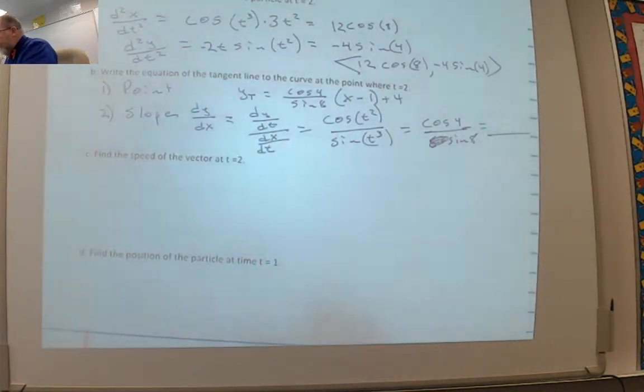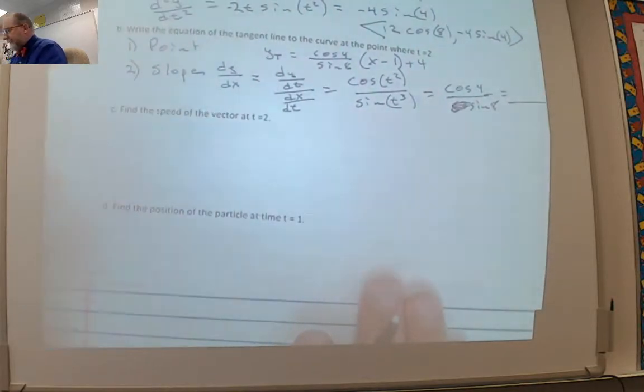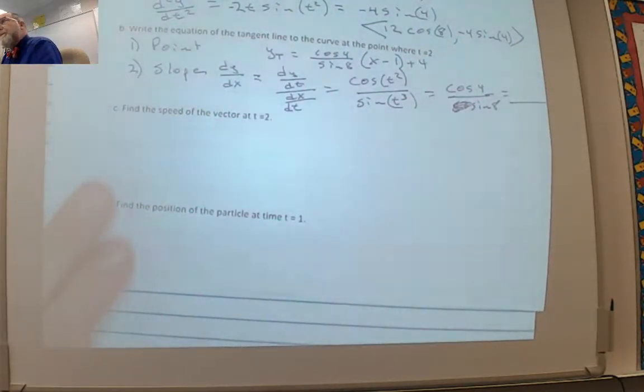All right. Speed of the vector. Speed of the vector is also the length of the velocity vector. Do I have the velocity vector anywhere?